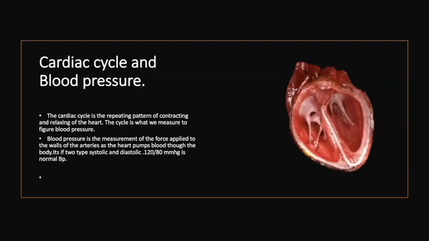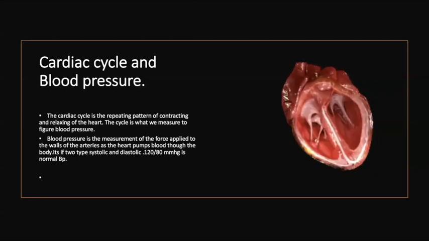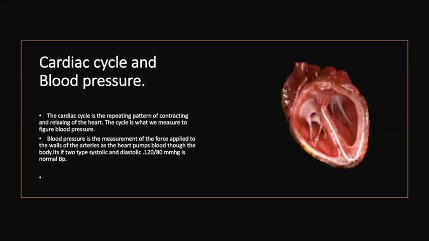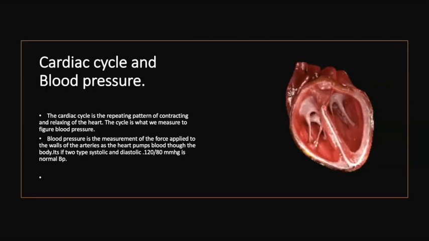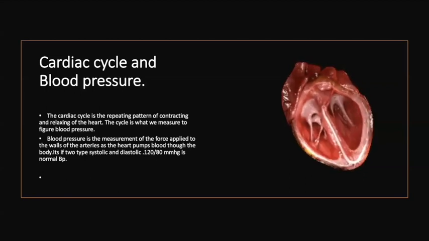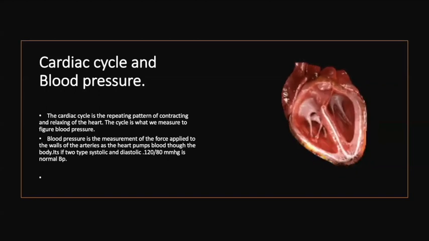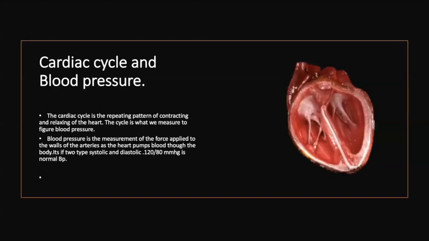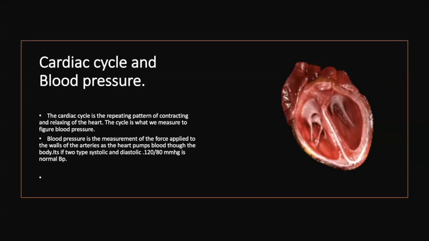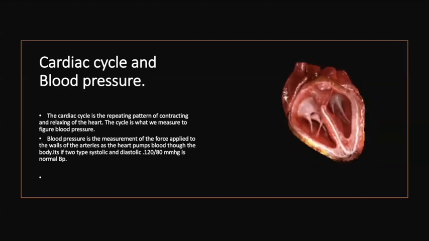The upper pressure, that is systolic, is 120 mmHg, that is millimeters of mercury, and the other pressure is lower, because during the expansion the pressure is less, so that is known as the diastolic pressure. That is why we have two types of pressure, systolic pressure and diastolic pressure. The normal pressure is 120 by 80 mmHg.